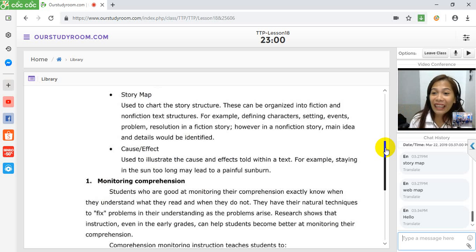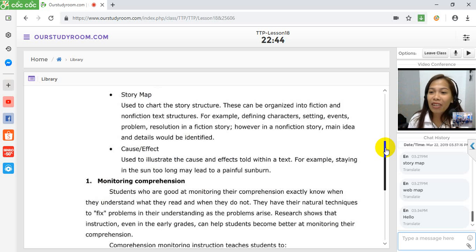So that's why you keep on asking questions, from easy to difficult, for you to know if they understand what they are reading.